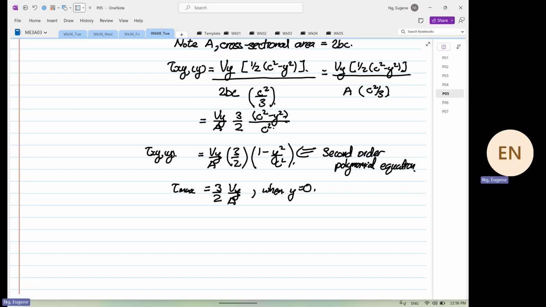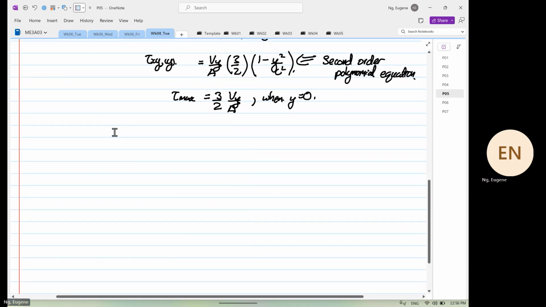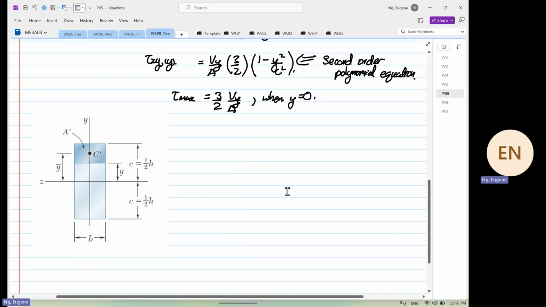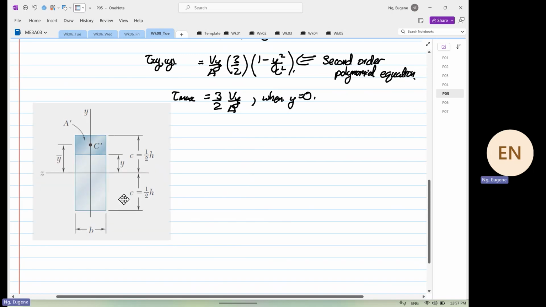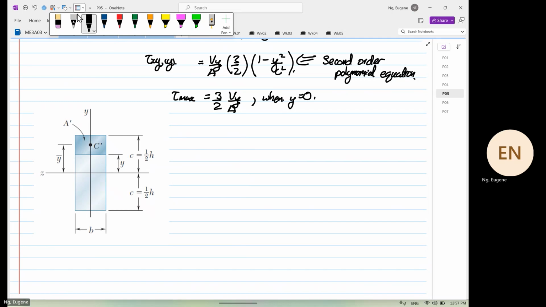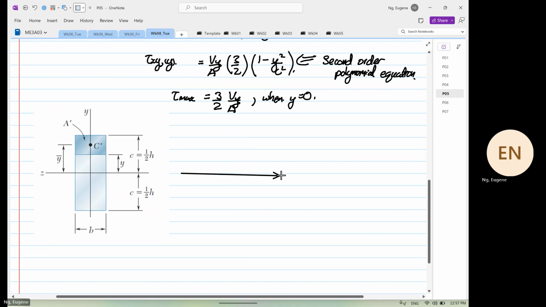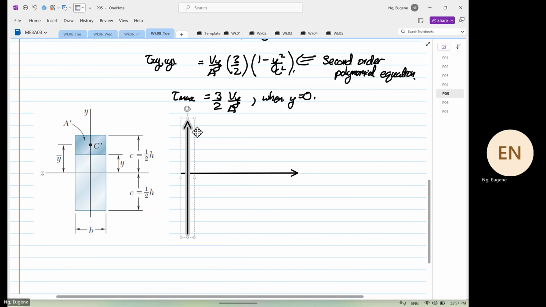Okay, it's a second order polynomial equation. So we take this, we come down to here. Okay, so now if I'm going to sketch the cross section, the shear stress distribution, right?